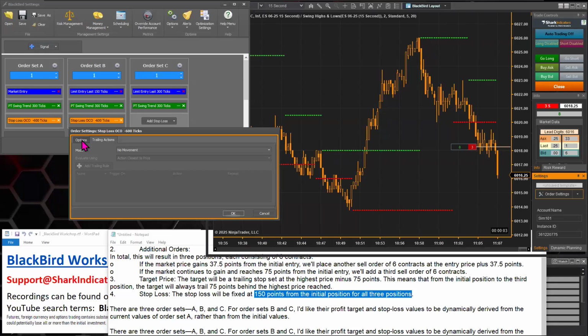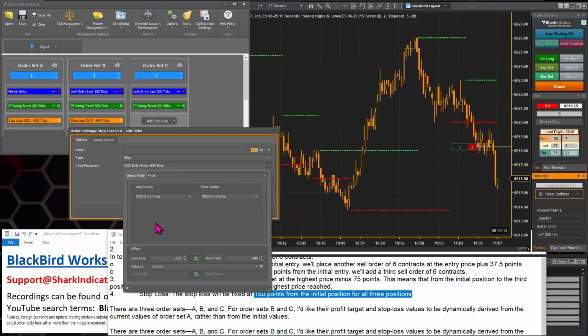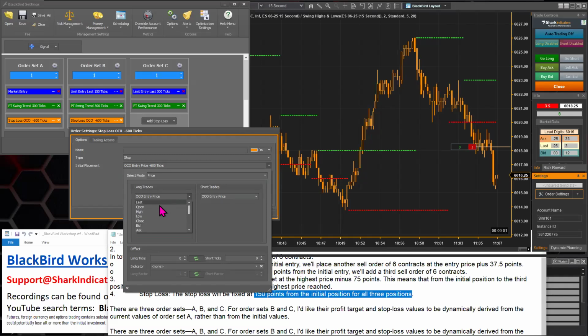So let's go to the Options tab, and let's open up the initial placement. We're going to strip out the offset. We actually don't want an offset here. And this time, this is a situation where we are going to use other order price. There we go.